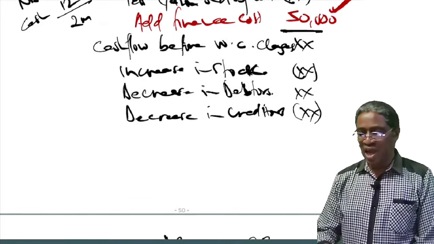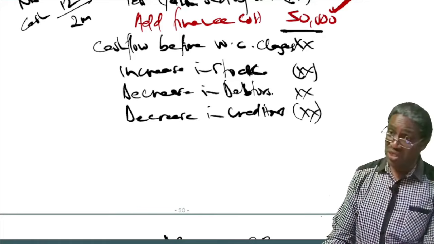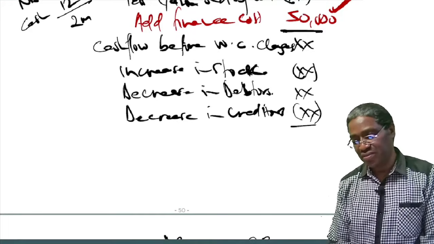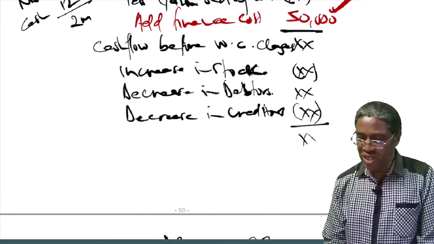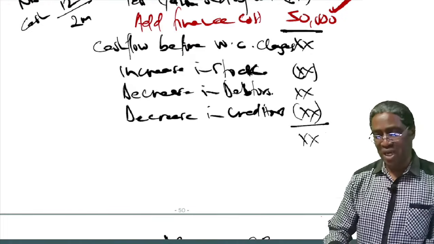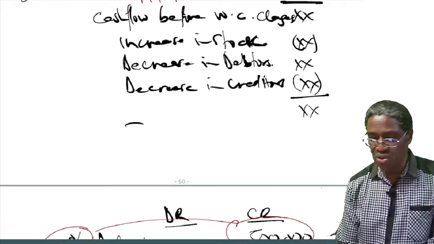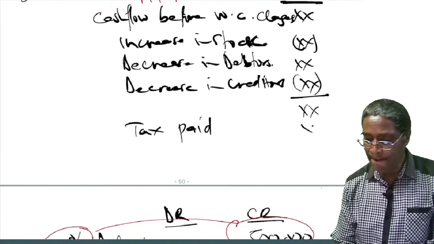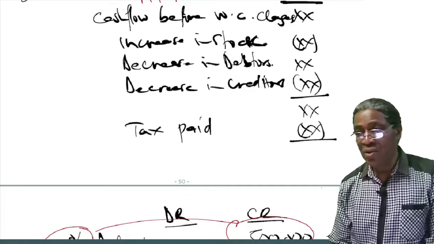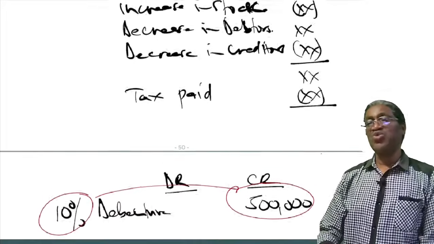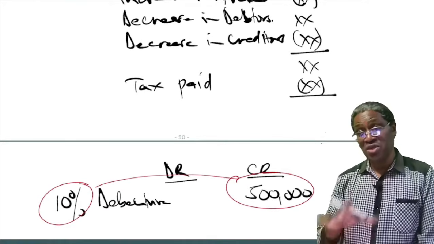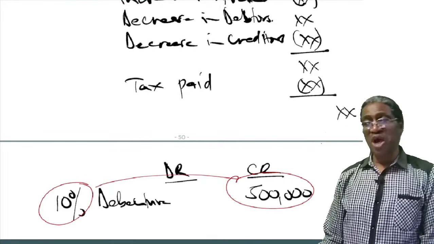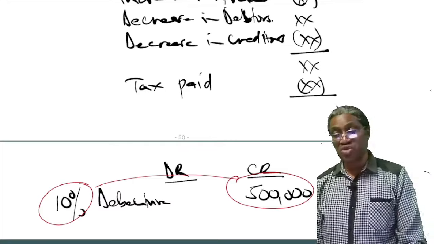Good. After you have done that, I'm assuming it's the only working capital item among the current liabilities, get the net. Once you get the net, you come and minus, I hope you still remember, what we call the tax paid. Once you minus the tax paid, you get the net. You now push it to the extreme.